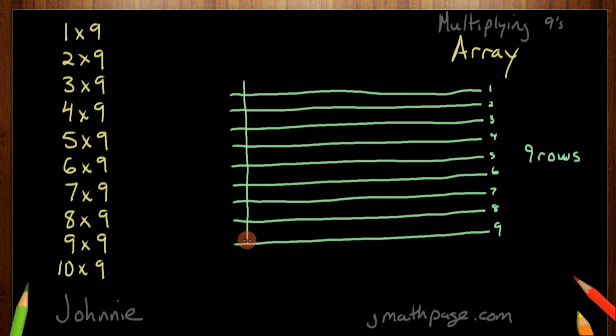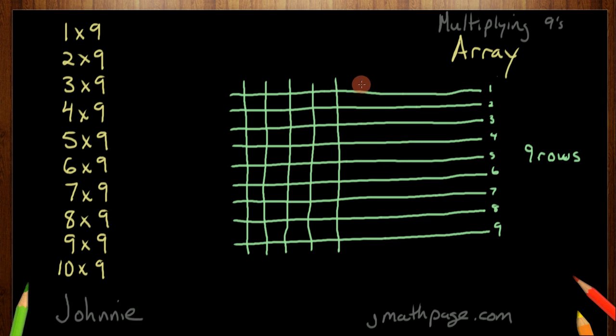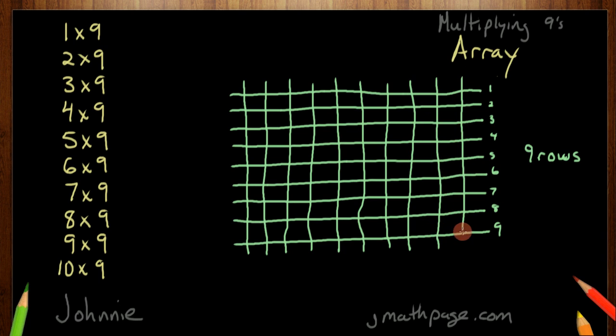So this is vertically 1, 2, 3, 4, 5, 6, 7, 8, 9, and 10.